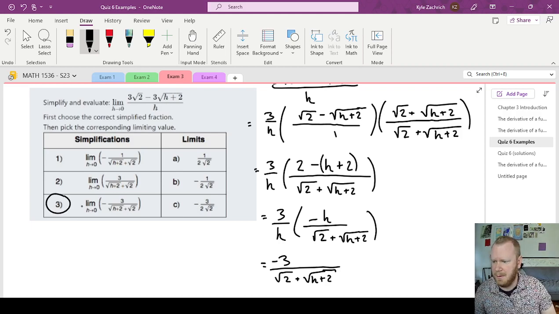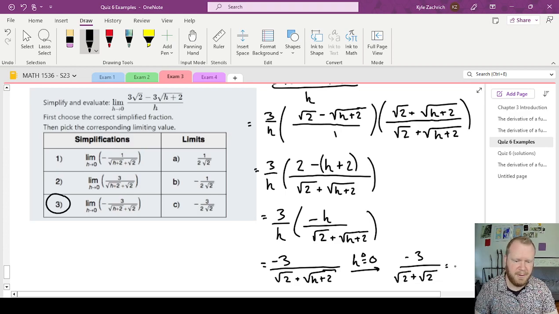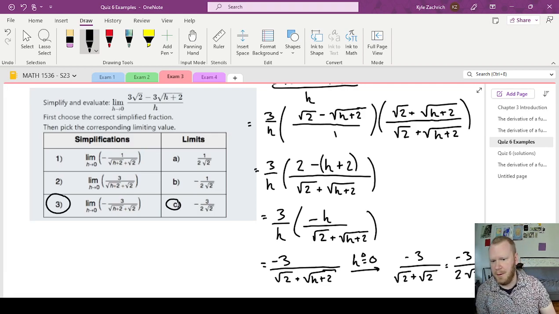So we find that this is the value, and then if we set h equal to 0, then we're going to get negative 3 over square root of 2 plus square root of 0 plus 2, so square root of 2 plus square root of 2, which is just 2 square root of 2, which is going to be this one here.